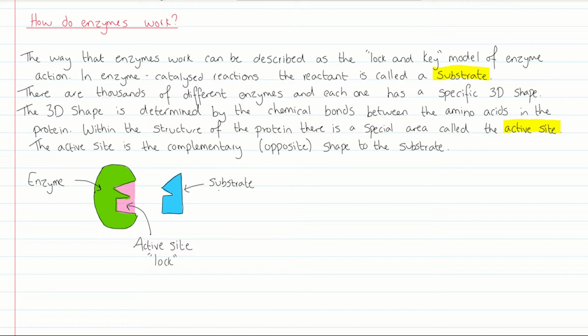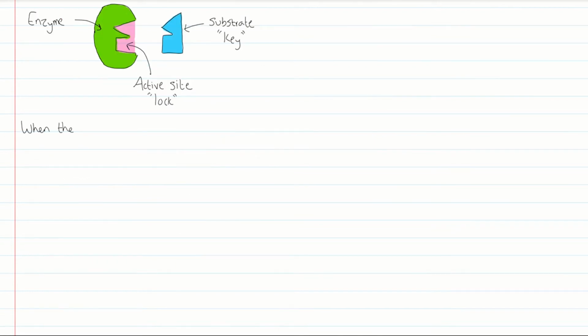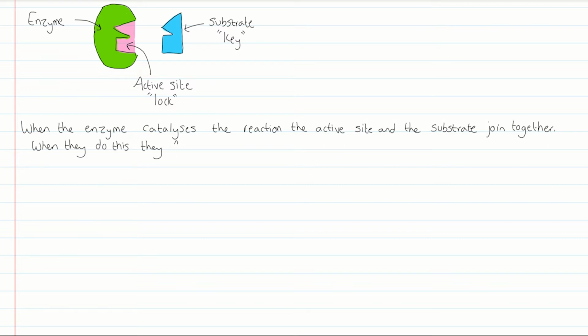We can describe the active site as the lock, and the substrate, which can fit into that lock, is called the key. When the enzyme catalyzes the reaction, the active site and the substrate join together. When they do this, they form a structure called an enzyme-substrate complex.